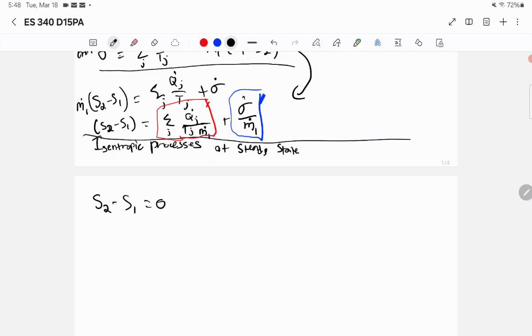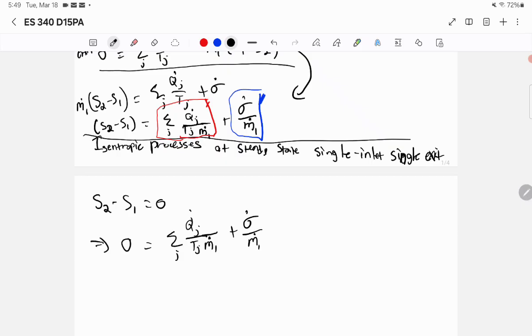So if I'm at steady state, of course, then my equation reduces to 0 equal to the sum over J of Qj dot over Tj M1 dot, I'll do the single inlet, single exit example just to make this easier, plus sigma dot over M1 dot, right?